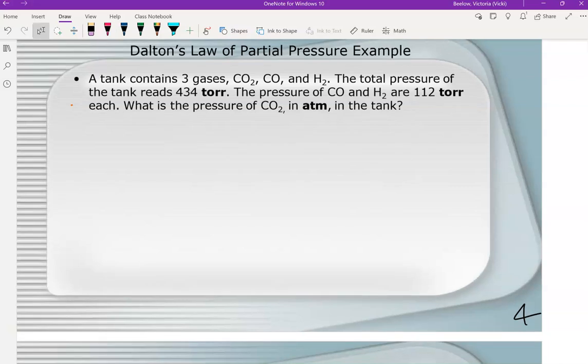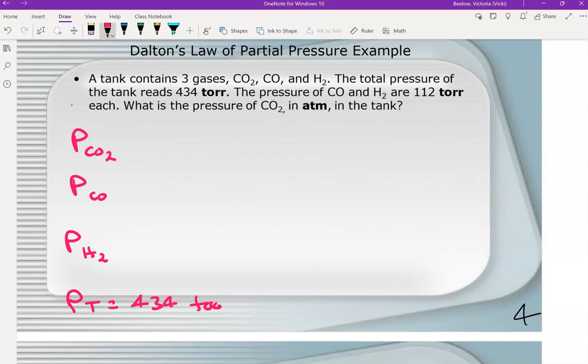So for example, a tank contains 3 gases. We have carbon dioxide, carbon monoxide, and hydrogen gas. And then it actually is giving us the total pressure to begin with. So the total pressure is 434 torr.